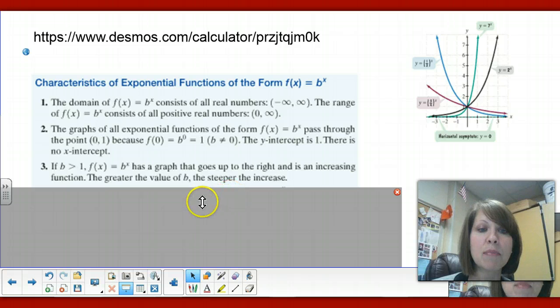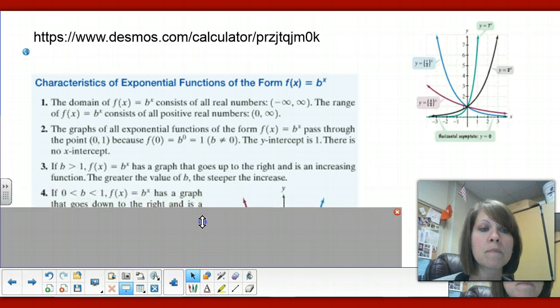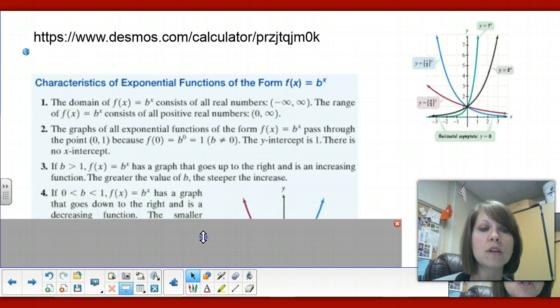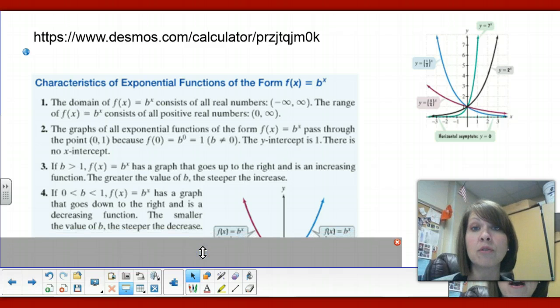They get steeper as b gets bigger. But if you have a function that the b value is between 0 and 1, like 1/2 to the x and 3/4 to the x, that actually decreases. And the closer the b value is to 0, the steeper the decrease.